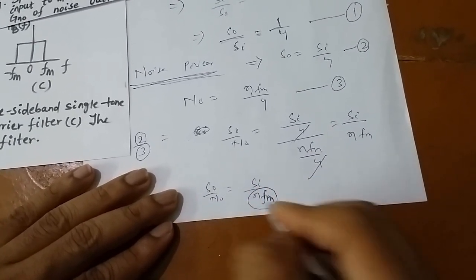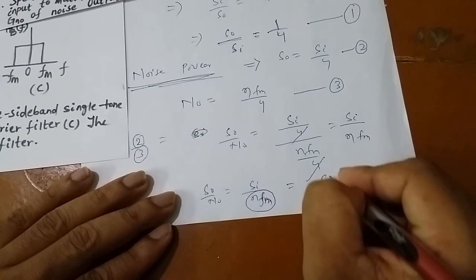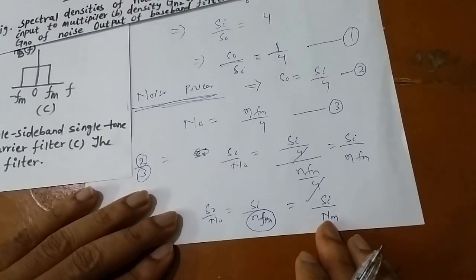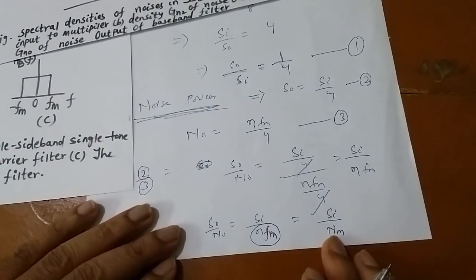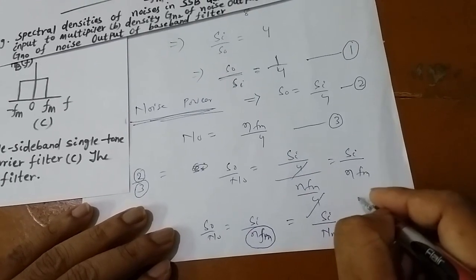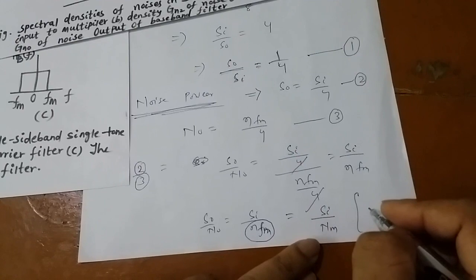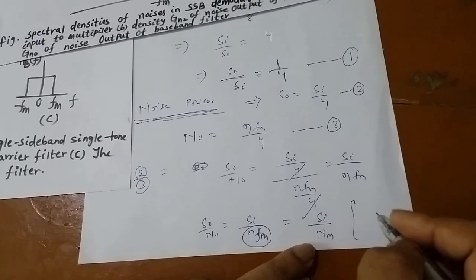Now this eta fm we can denote by another notation, Si by Nm, which we assume is the noise power at the baseband frequency.